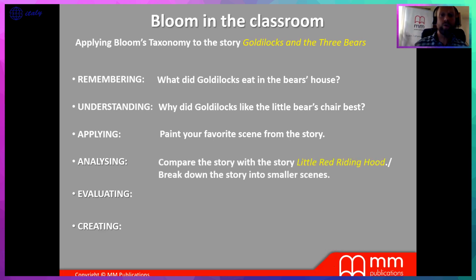Analyzing, comparing one story, the story that we've got right now, with another story, and breaking down the story into smaller scenes to get those extracts and compare scenes: what happened before and how did this develop, how did this evolve, or comparing one story with the other, the main characters. What was the difference with Little Red Riding Hood?